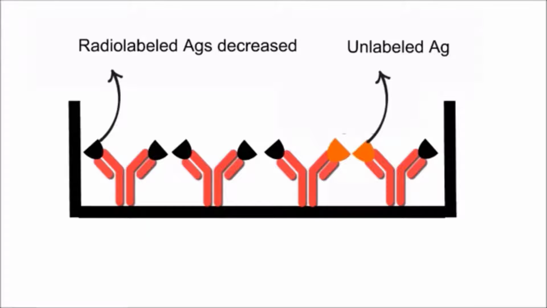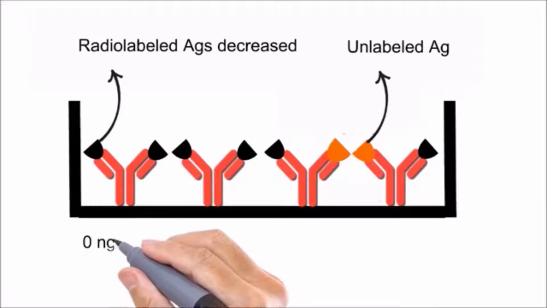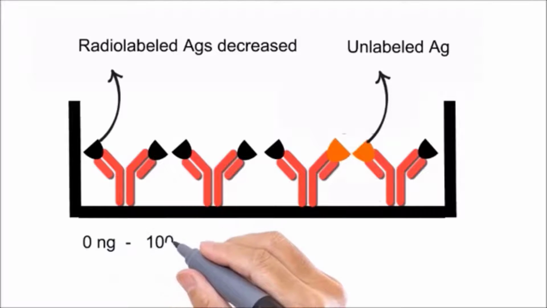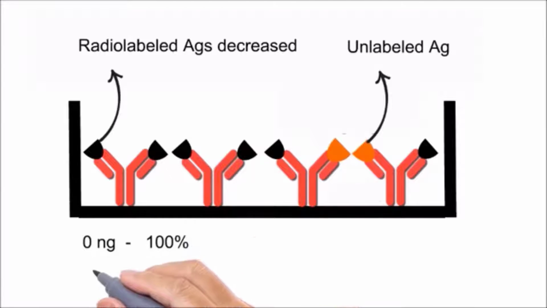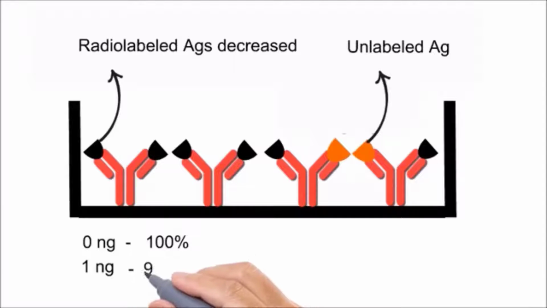So we will write here, when unlabeled antigens were not added to the well, that is 0 nanogram, radioactivity was 100%. When 1 nanogram of unlabeled antigens were added, it decreased due to the competition, and let us assume it decreased by 10%, it became 90%.